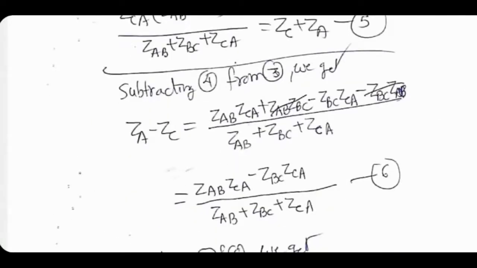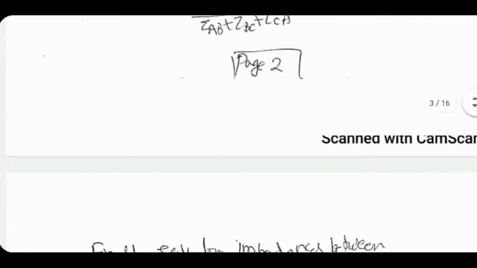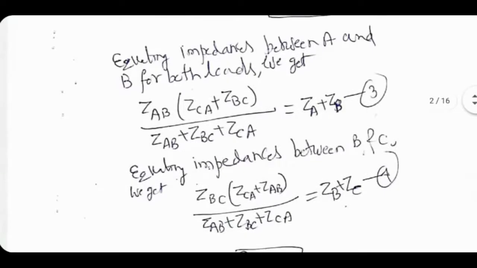To solve the equation, let me first look at the case where unknowns are ZA, ZB, and ZC, and ZAB, ZBC, and ZCA are known to me. So what I did was, I took equation 4 and subtracted it from equation 3. So ZB cancels out.